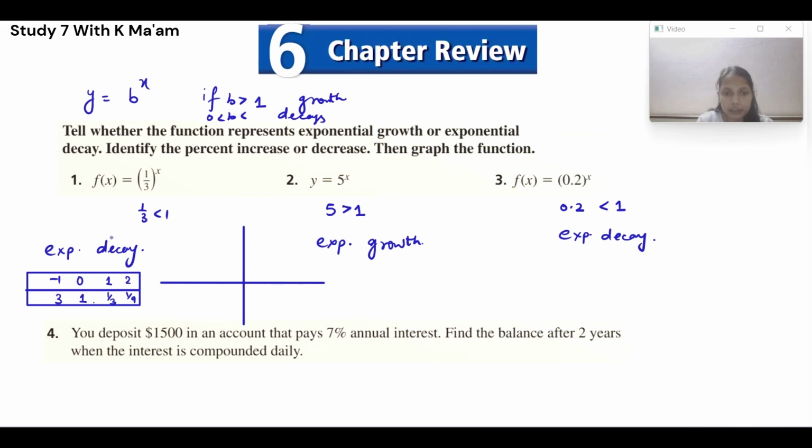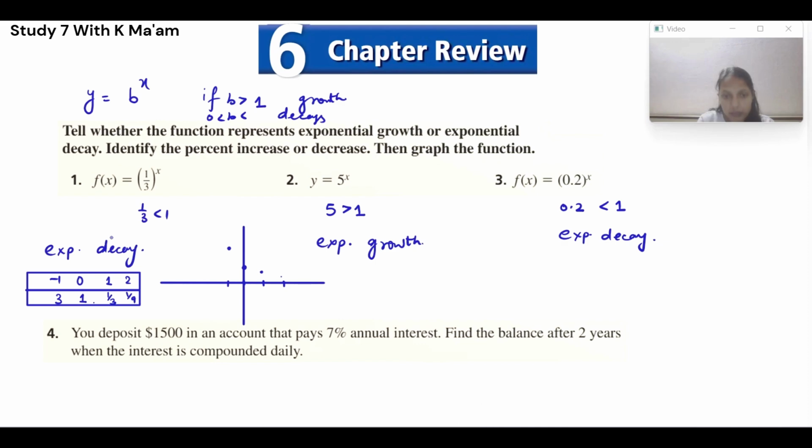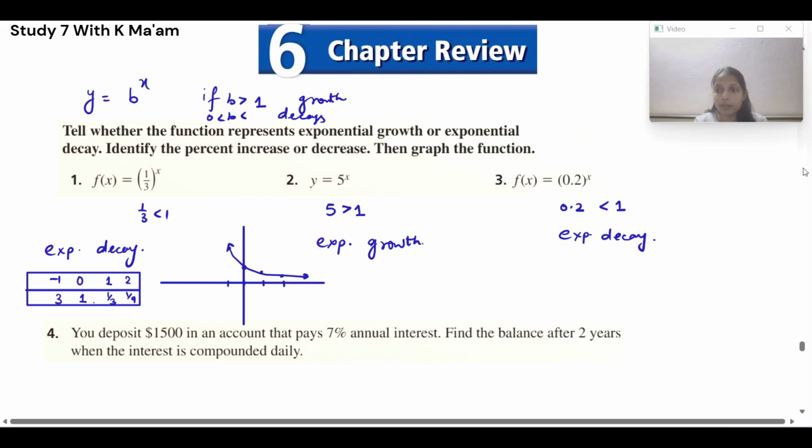So similarly, it goes like this. At -1, it's 3. Then 1, 1 by 3, 1 by 9. So the graph is going like this. This is the graph of 1 by 3 power x. The next graphs you can try yourself.